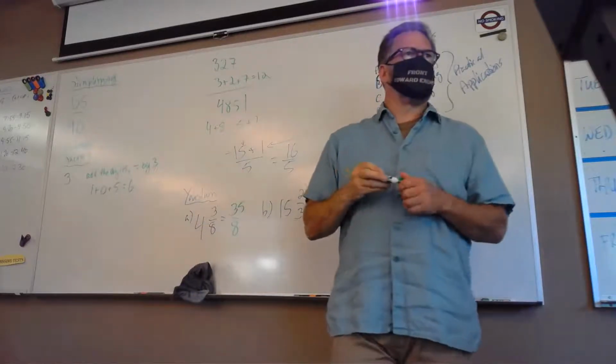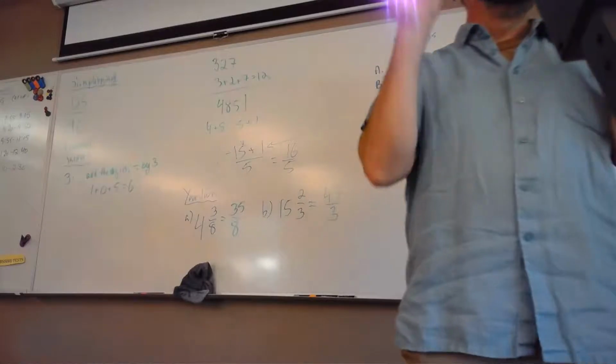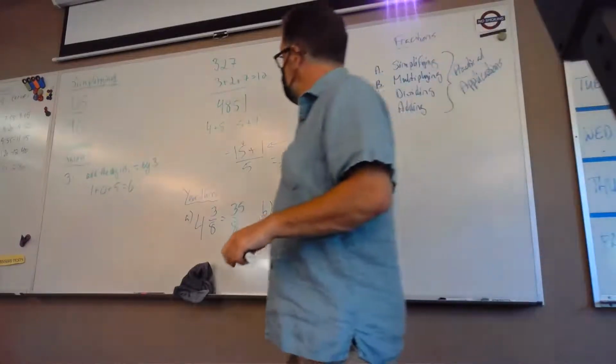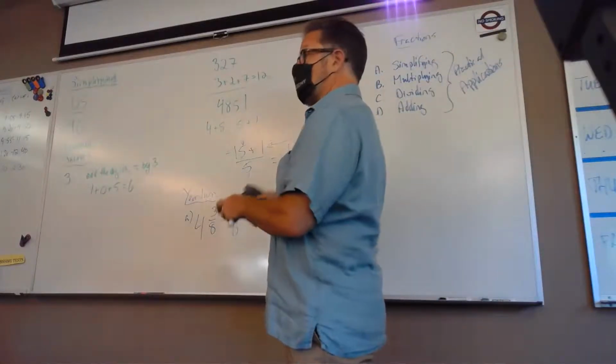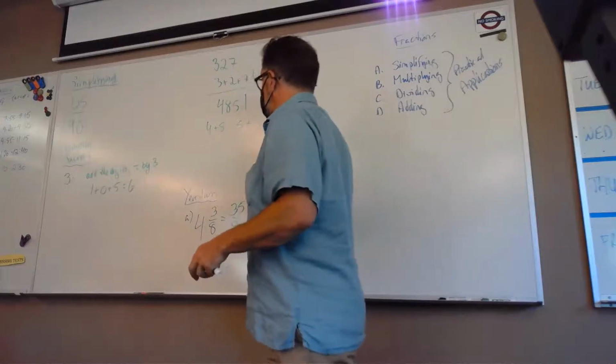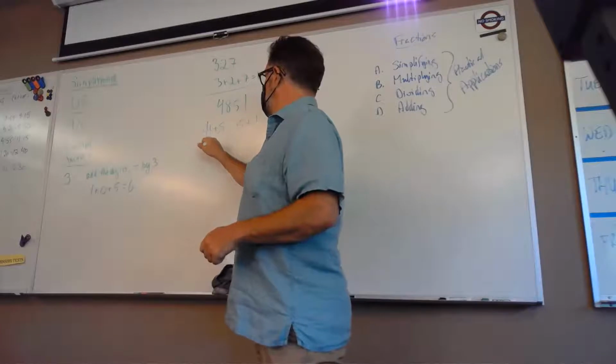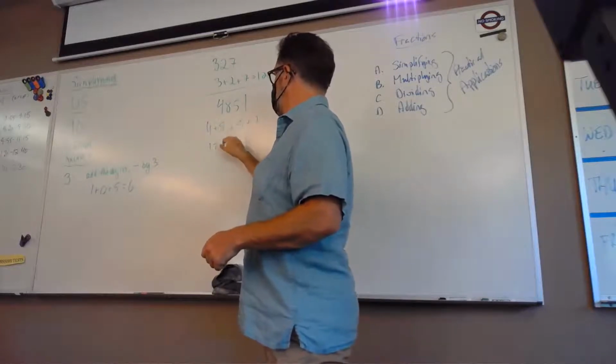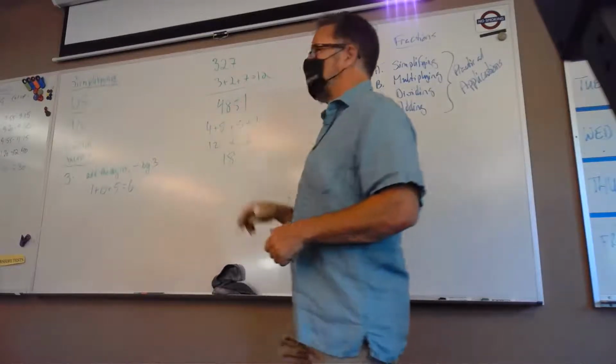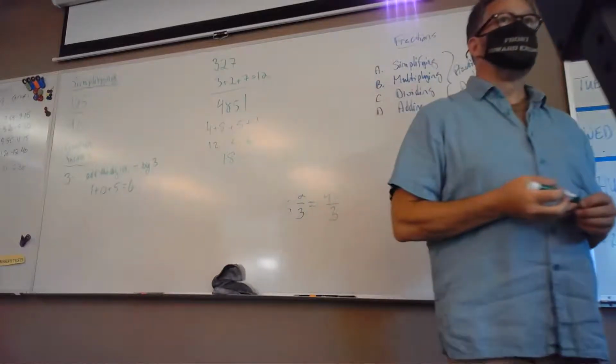Mental math is easier if you split stuff into smaller clumps. 4 plus 8 is 12, 5 plus 1 is 6, 12 and 6 is 18. Which means that 4851 is divisible by 3.